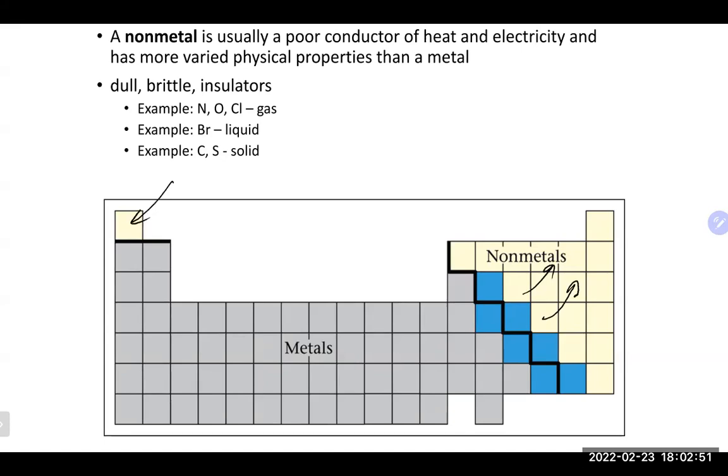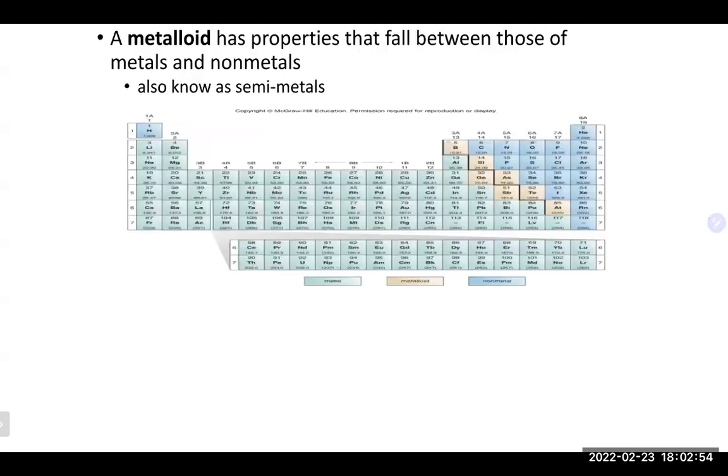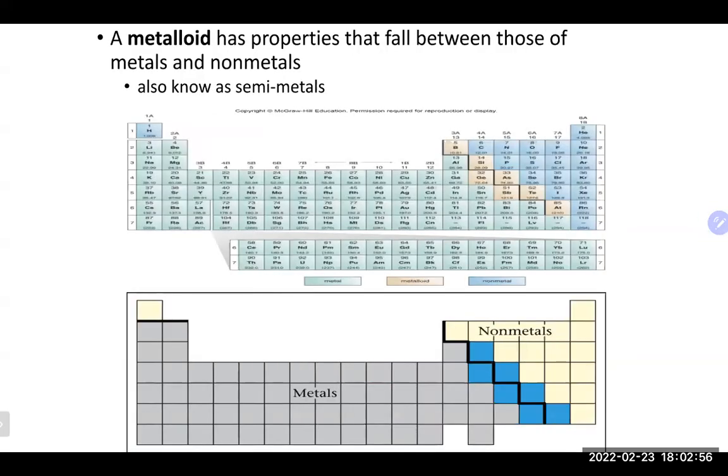Now, right there at that staircase, those are our semi-metals, our metalloids. And just to overlay it, some books include boron, some books don't. I don't remember off the top of my head what your book does. But boron, for every other purpose, is treated like a non-metal in terms of naming and stuff like that. But we do have this staircase that comes down. And metalloids are pretty much guys which you might imagine have properties that are very similar to metal properties, and the same element has properties that are very similar to non-metal.